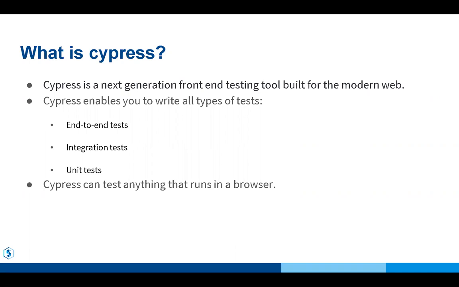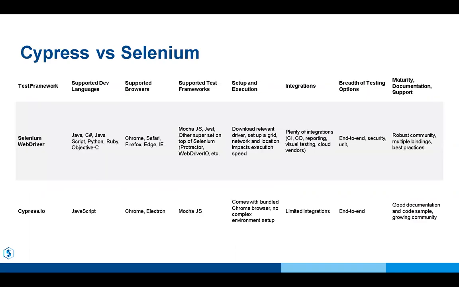When we are thinking about automated tests, Cypress is maybe not the first tool that comes to mind. There are a lot of different tools. Maybe one of the most famous tools for automation is Selenium, and here we can see a little comparison between Cypress and Selenium.